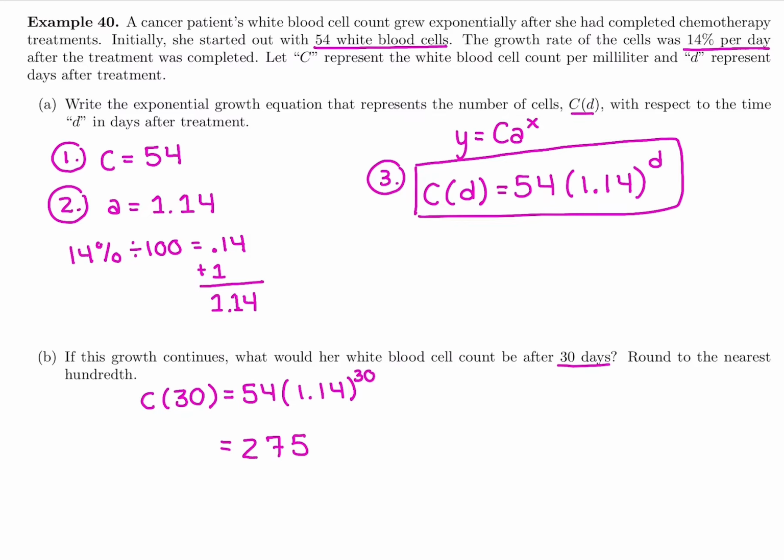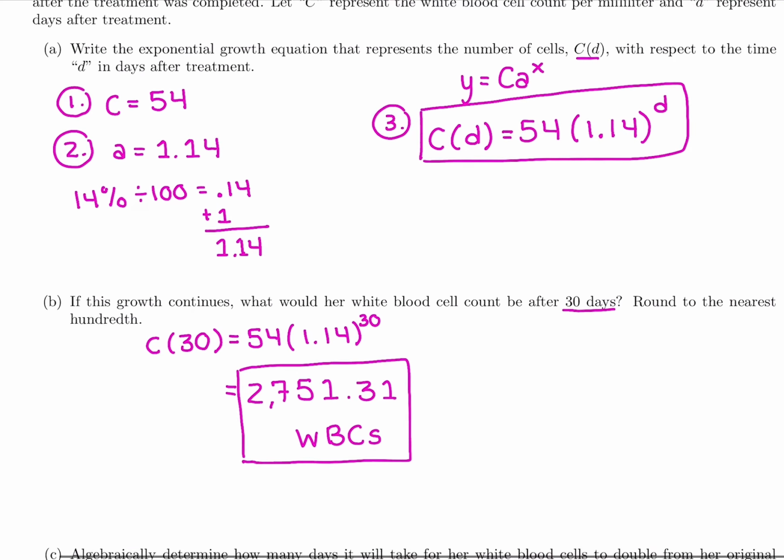Rounding to 2 decimal places, the 100th place, she has a white blood cell count of 2,751.31. So according to the model, that's what her count should be, and they can decide, is that a safe enough count to maybe at least go outside and ideally go home.